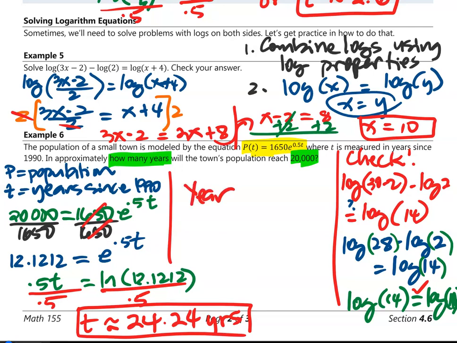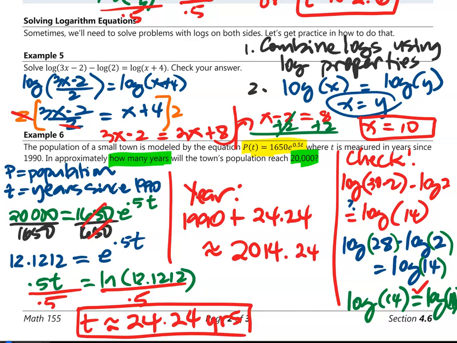Since t is the number of years since 1990, that's going to be 1990 plus 24.24 years, so that is approximately in the year 2014. So think about 0.24.